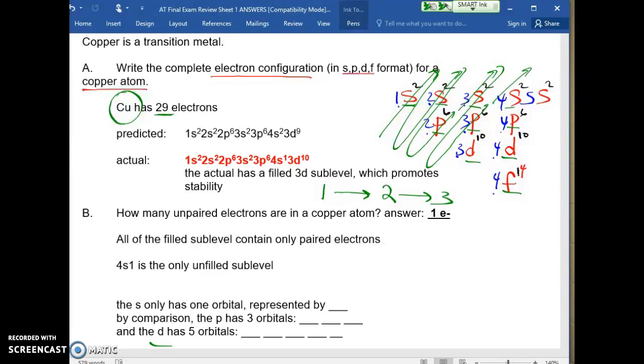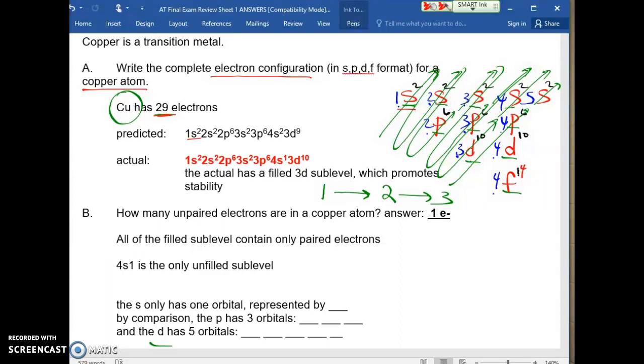Notice I don't go directly to the D. Only once I fill the 4s do I come back down, and I can fill up the D and fill up the 4s, and keep going if need be to the 4p and the 5s. And we normally stop there. Notice 29 electrons. I start with the 1s, 1s2.